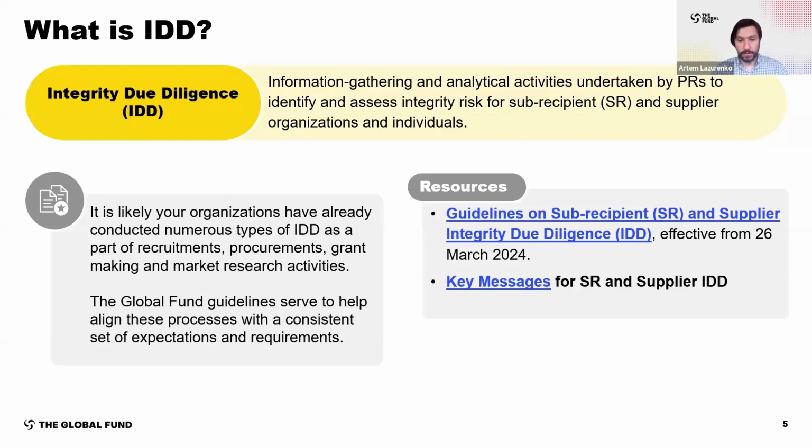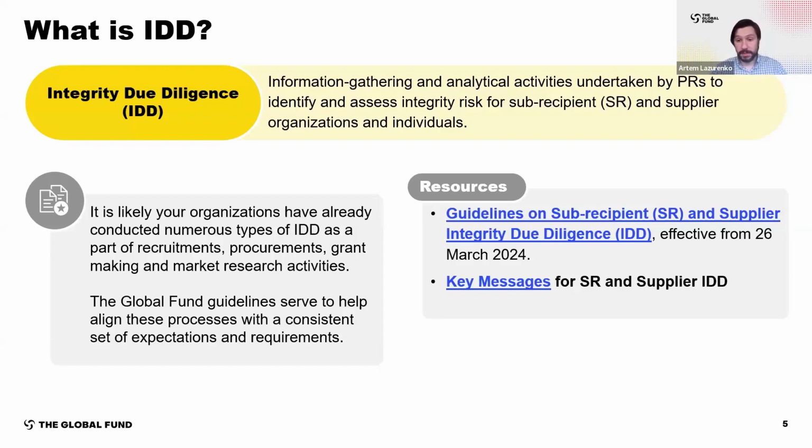The key element around which this presentation is structured are the guidelines on sub-recipient and supply integrity due diligence. These are available on our website. We'll have the link in the presentation. You can also, if you just Google IDD Global Fund, they come out on our website very quickly, and you can find them on the website itself in the usual grant information sections.